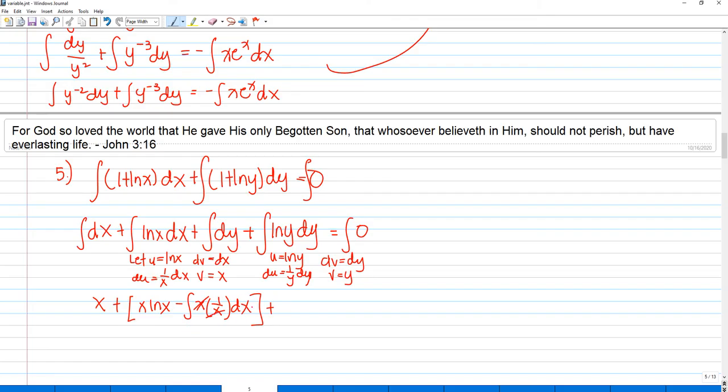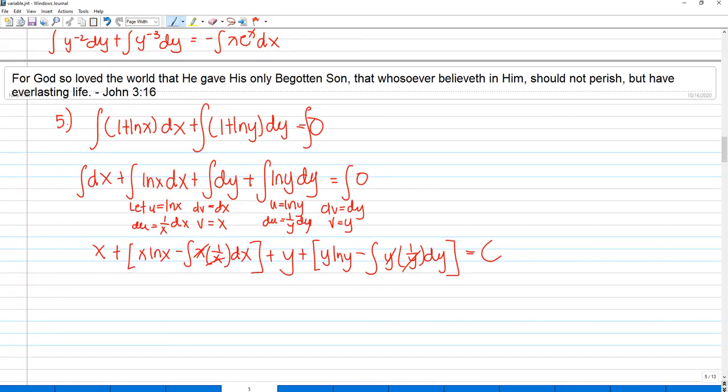Then plus the integral of dy, which would be y, plus uv minus the integral of v du: that's y ln y minus the integral of v du, which is y, and our du would be 1 all over y dy. As you can see, this would cancel also. Equals c.